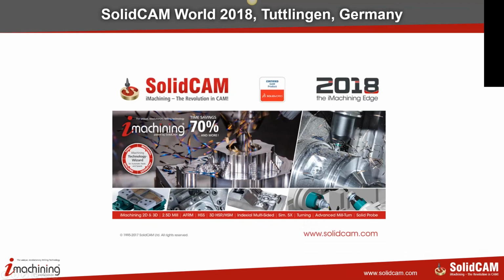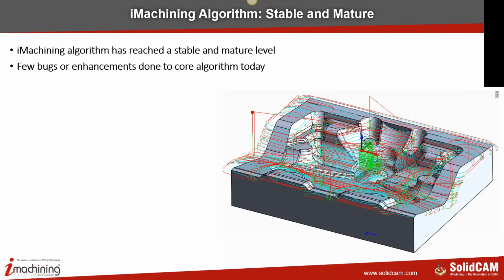So let me move the webinar panel. Okay, so before we start talking about new features, let's talk about the iMachining algorithm. One of the more important features nowadays is that the algorithm has become stable and mature. Basically what this means is that we don't get very many toolpath bugs anymore.